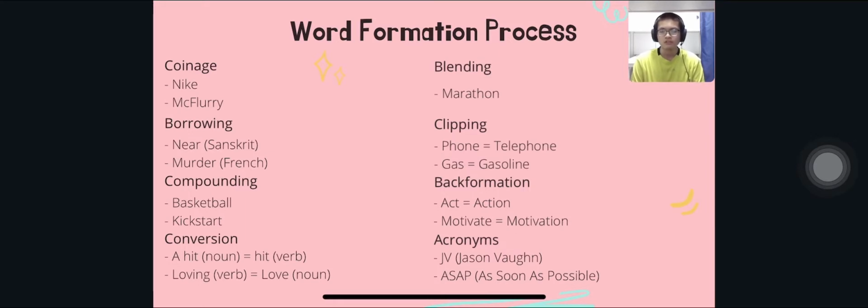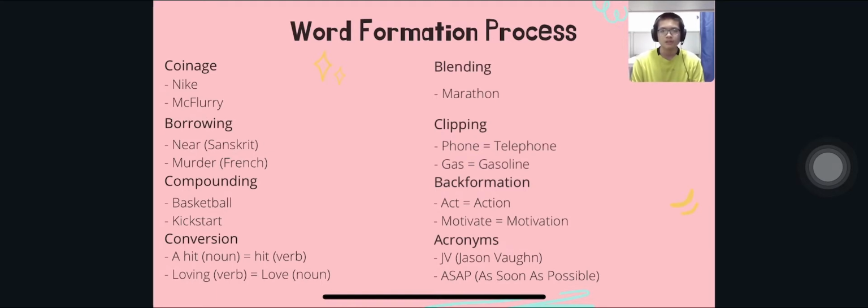Also, it is mentioned about the hit of the ball because they played football. And we can also say that hit is when you hit someone to hurt someone. So that is also considered a verb. When you change the noun into a verb, it is considered a conversion.